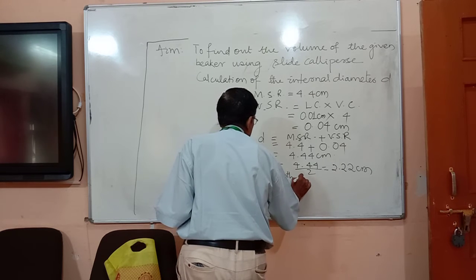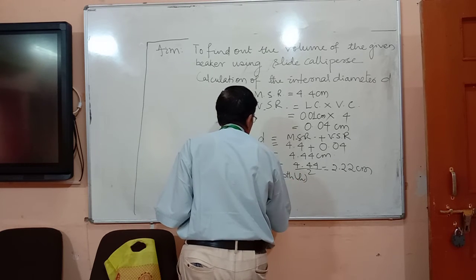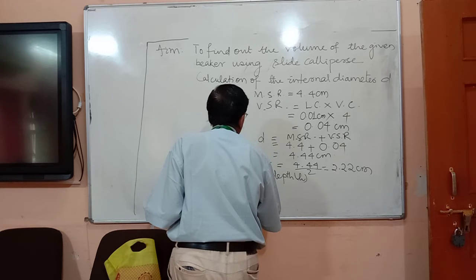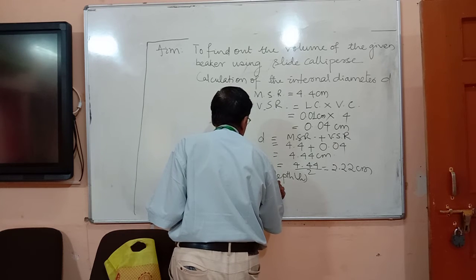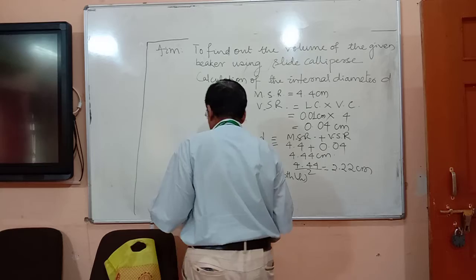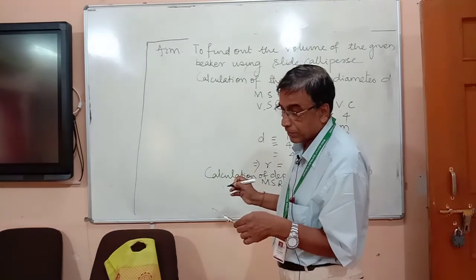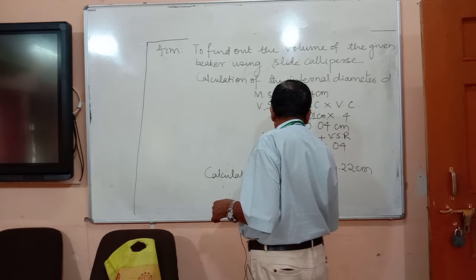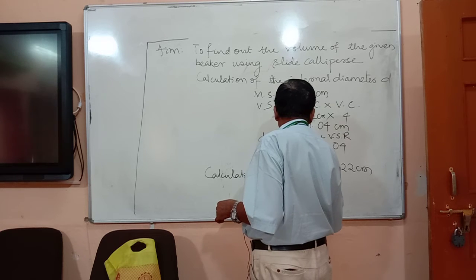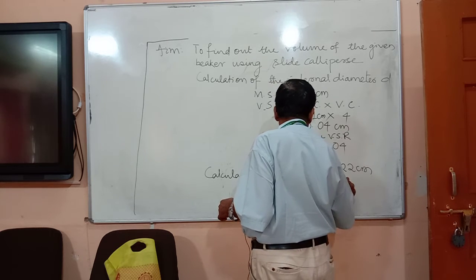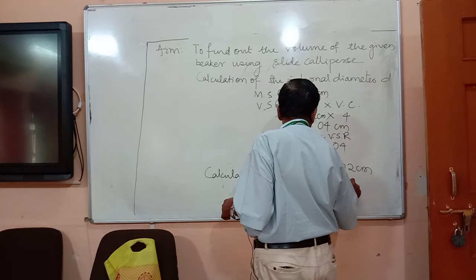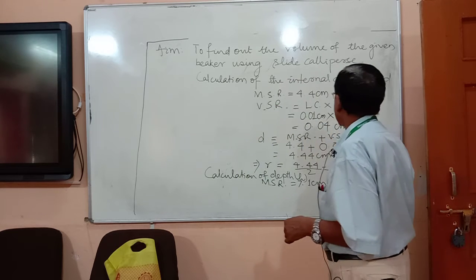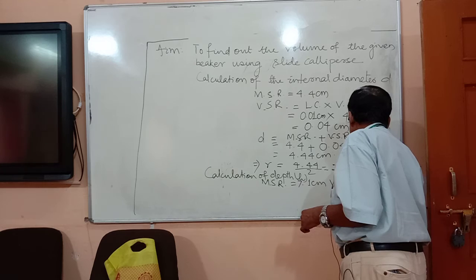Depth of the beaker, that is H. MSR is 7.1 centimeter, and the VSR formula is LC into VC.